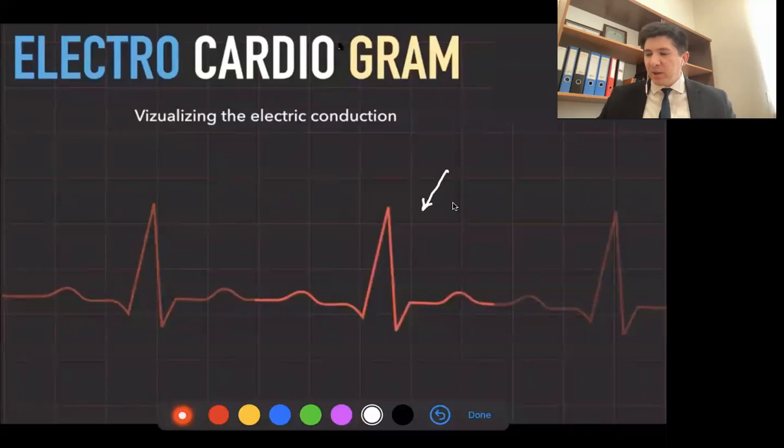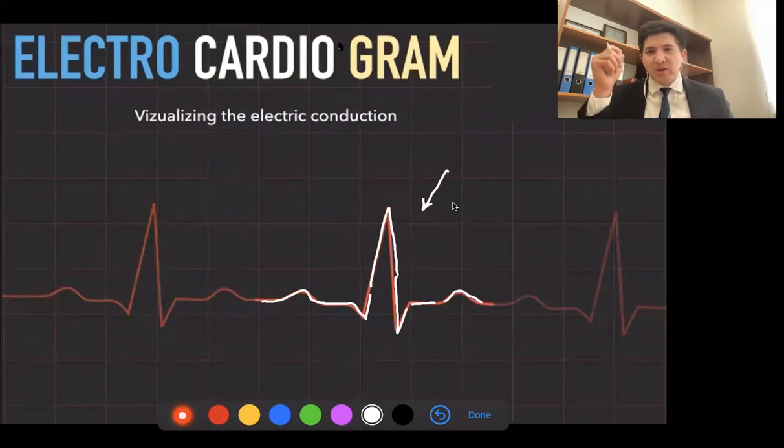What we would like to understand is every part of this graph. What is this part, and why do we get this kind of curve? All of these parts are important.